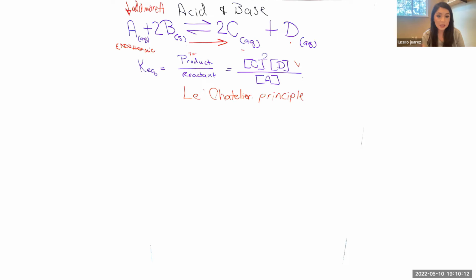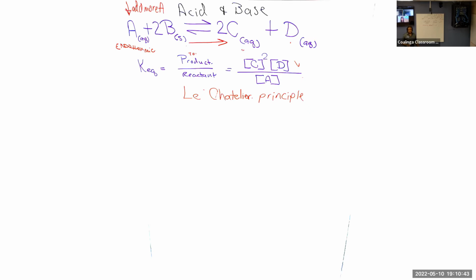So when you add heat, it's endothermic and it moves forward. So then if it were an exothermic reaction by adding heat, would that shift it left?